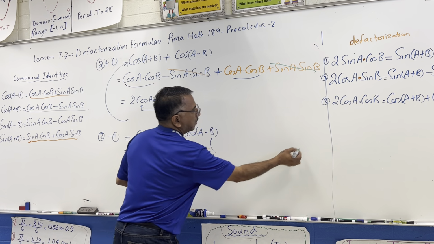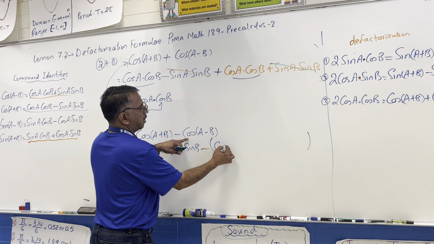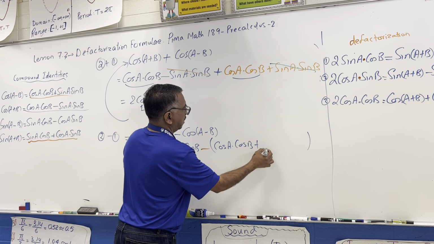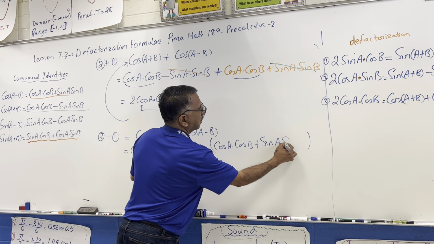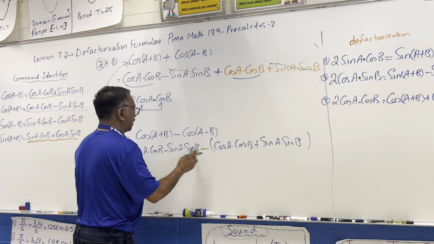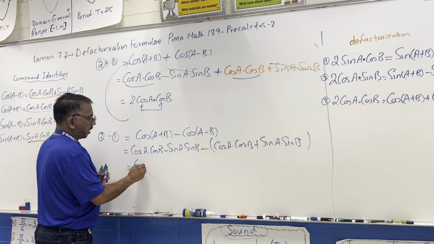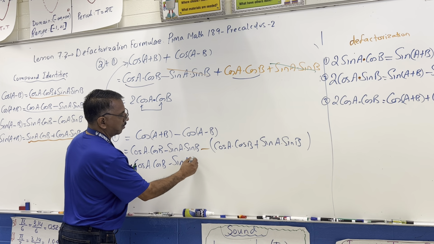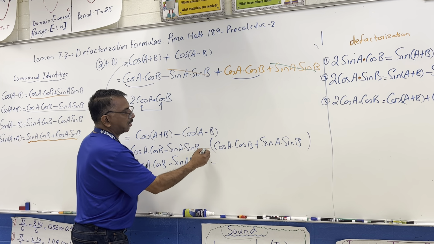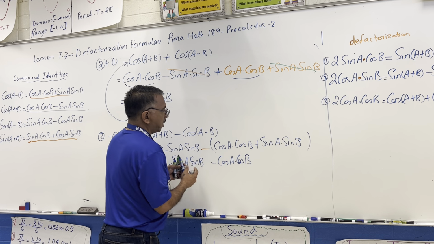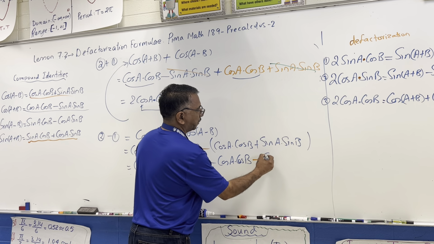And then this will be cosine of A, cosine of B, minus, change to plus. Then open the parenthesis, so this will get away with the parenthesis. This stays the same. This will be minus cosine A, cosine B, and this will be again minus.